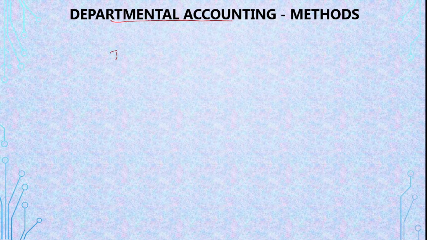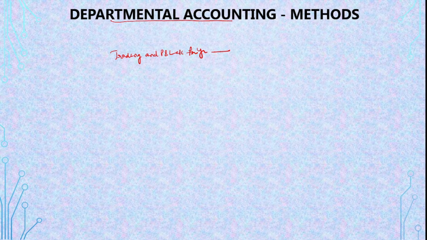We have to prepare a trading and profit and loss account for the particular year for each of the departments. Suppose your business has 3 departments. Again I am taking the same example: cookies and biscuits, pizzas, and cakes and pastries.